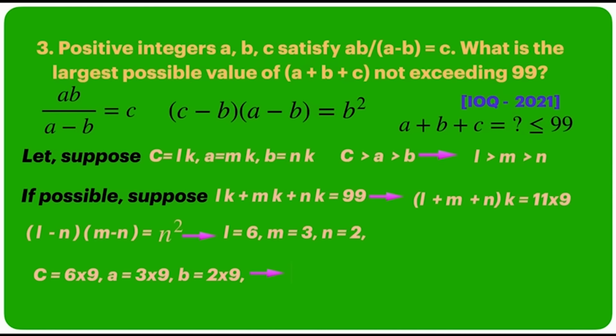So clearly C equals 54, A equals 27 and b equals 18. So a plus b plus c will be 27 plus 18 plus 54 equals 99. So the sum a plus b plus c will be equal to 99. It is the correct answer. So this will be the answer of the third challenging problem.